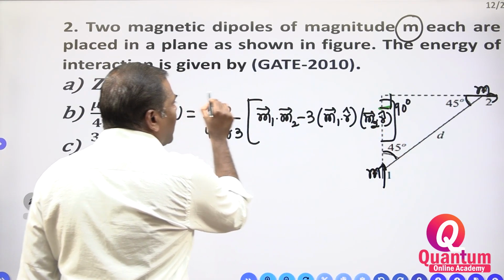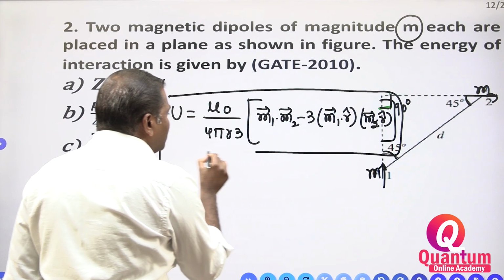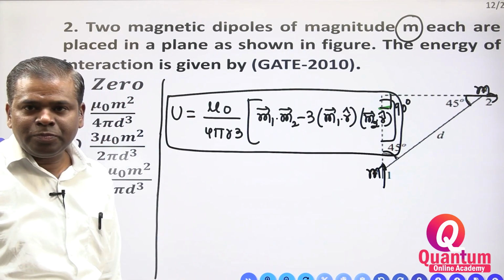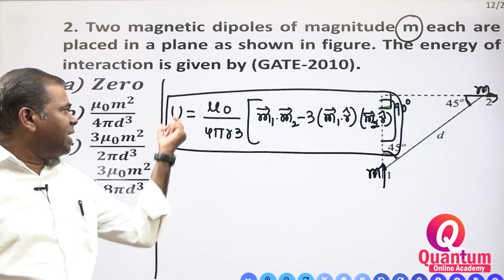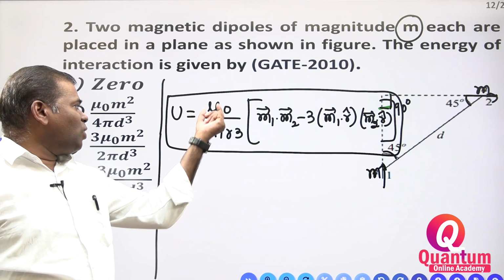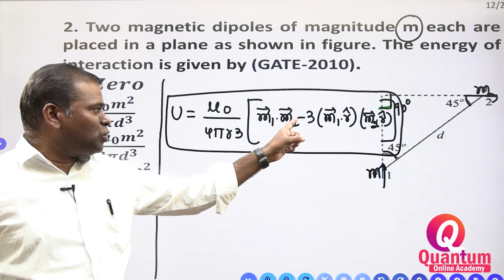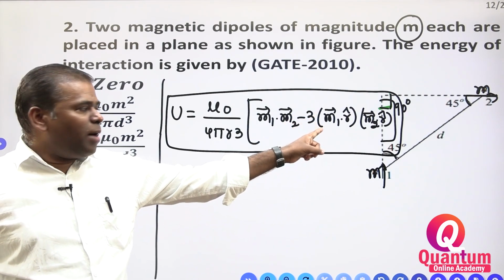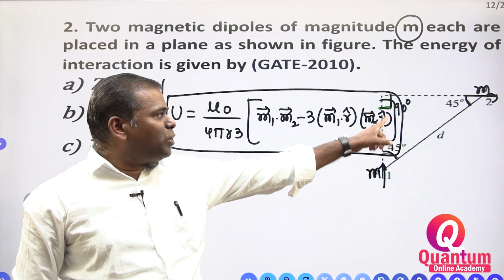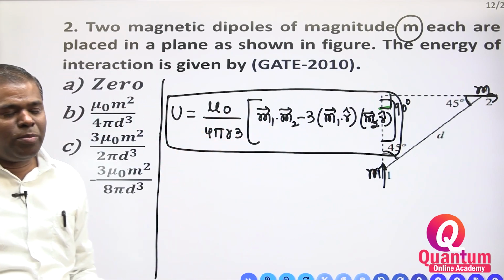This is the interaction energy between the two magnetic dipoles. This one is a formula. What is the interaction energy? U is equal to mu naught by 4 pi r cube times m1 dot m2 minus 3 into m1 dot r cap, m2 dot r cap. This is the formula.